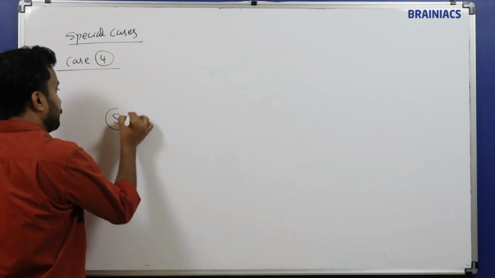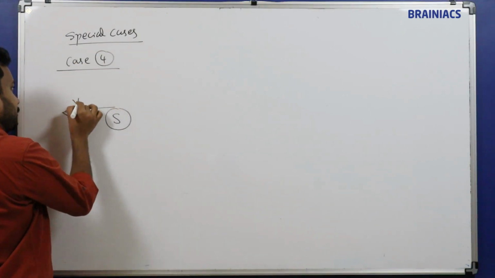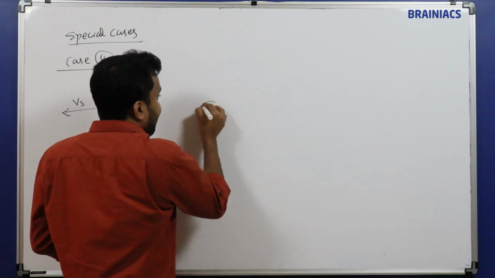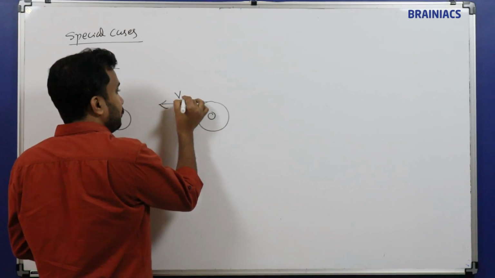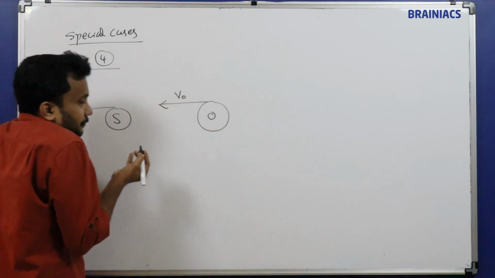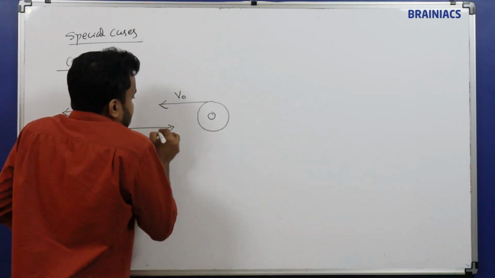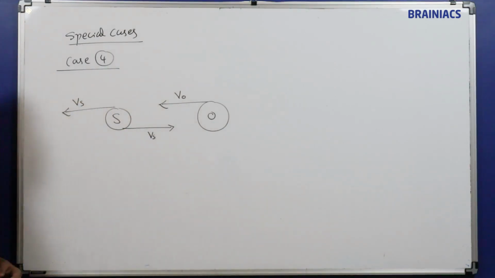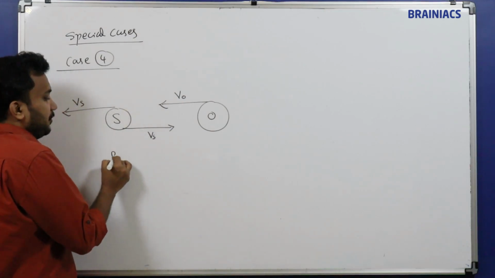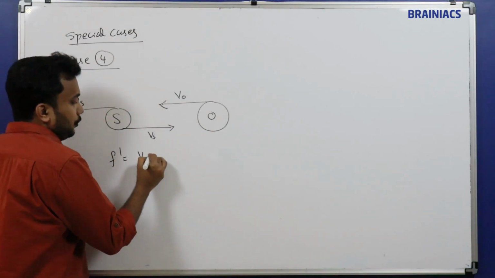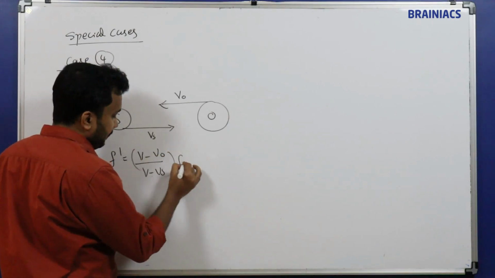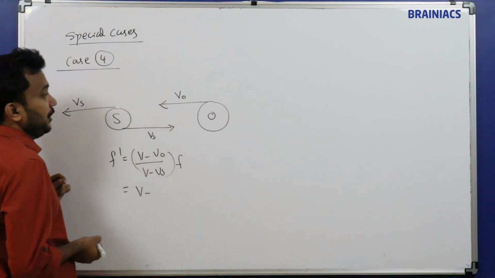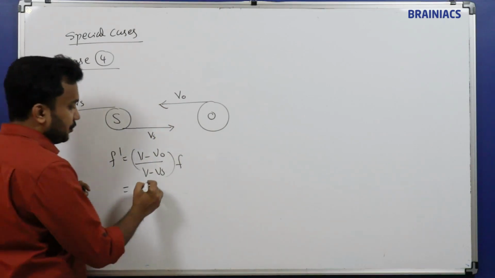We have a source moving in this direction Vs, and the listener or observer is also moving in this direction V0, but V is always from source to observer. So how will the formula be? The general formula: F dash equals (V minus V0) divided by (V minus Vs) into F. Let's substitute. V0 is opposite to the direction of V.